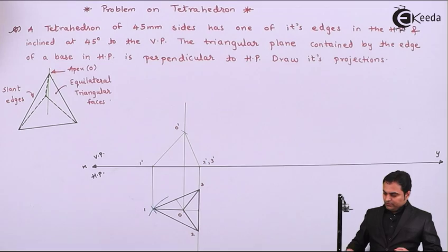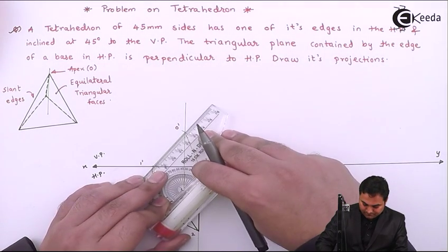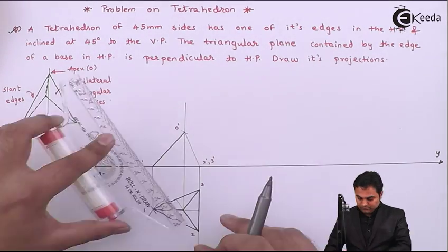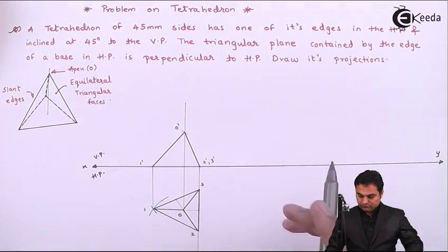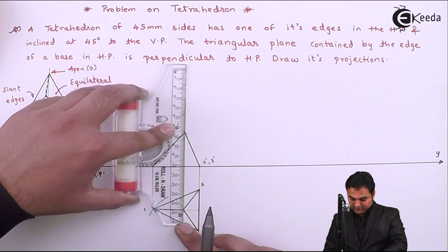Now I'll make the front view dark. Drawing the axis through the apex.